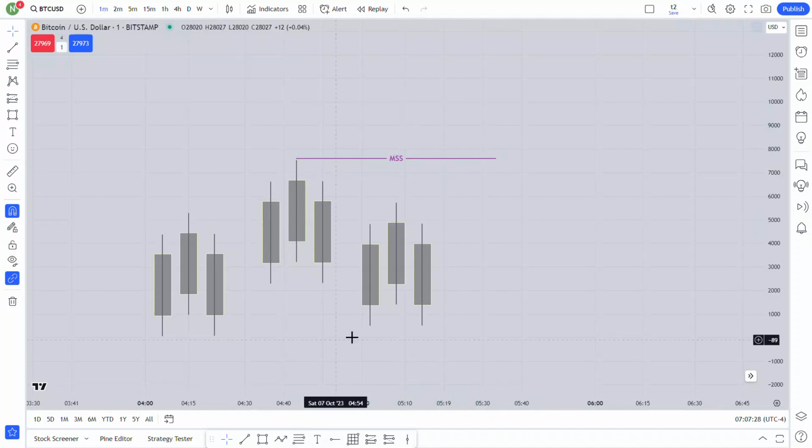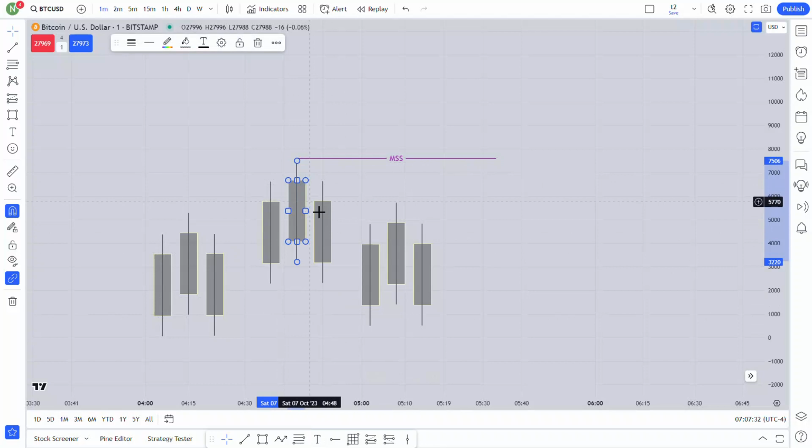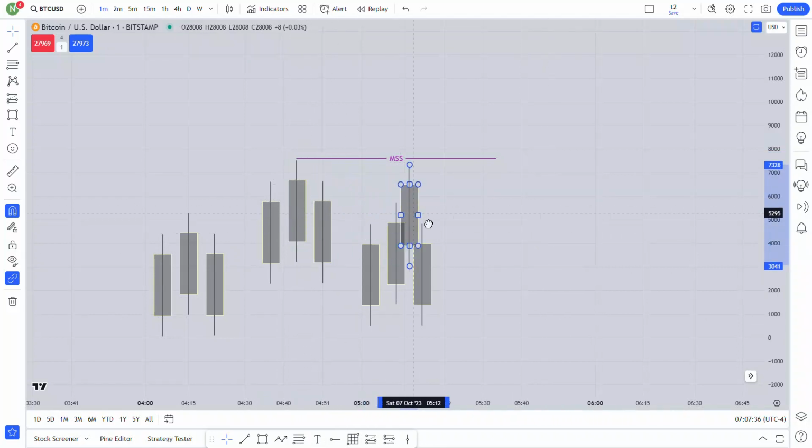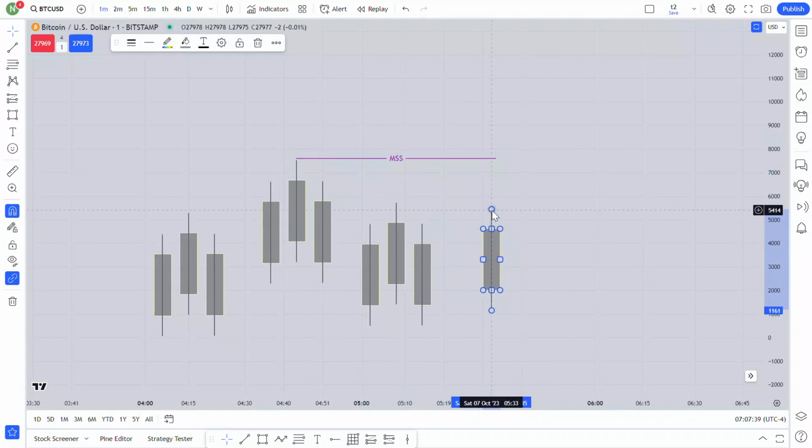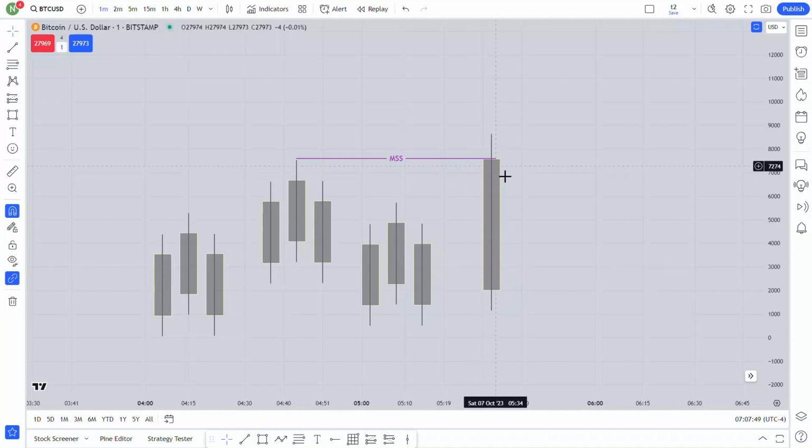So if I see another candle, let me mark this one, Control C, V. If I have seen that there is a candle, something like that, when I see a candle actually shift this high, then this will be my market structure shift.